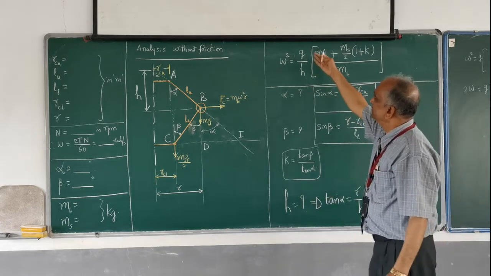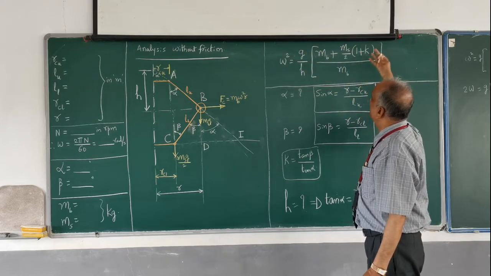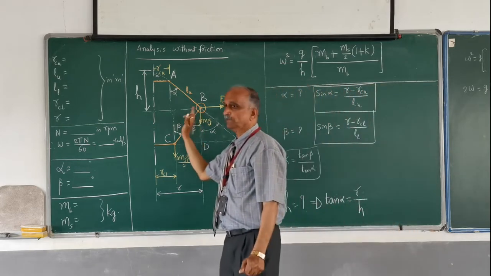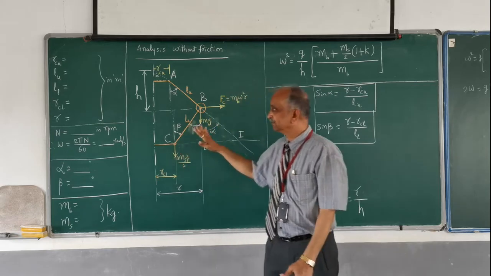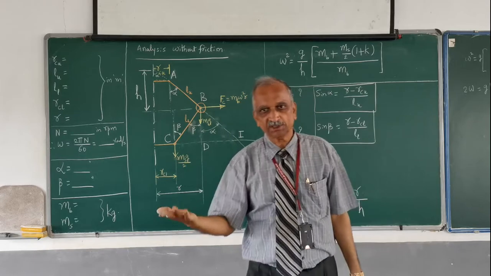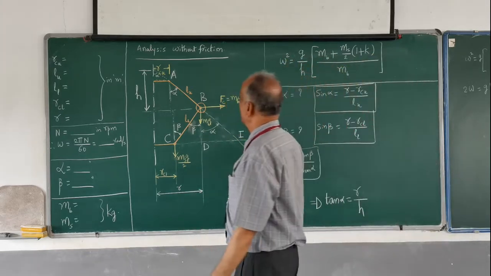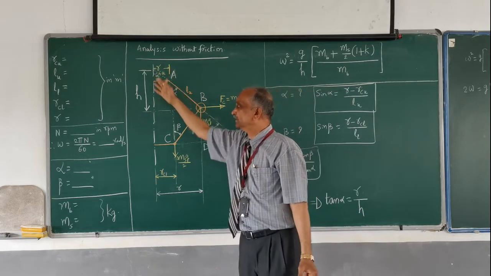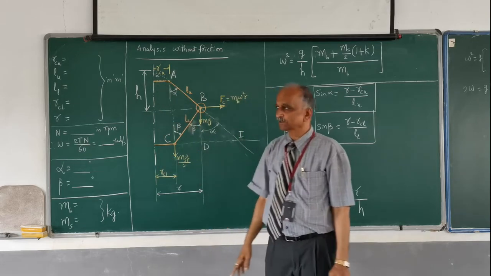And therefore we can substitute all the values G, H, M, E, M, S and M, P and K, and that is how you can find out what is called the equilibrium speed of the governor. So what do I mean by equilibrium speed? Because I presume that the load on the engine is constant, and therefore the engine is running at a constant speed, and the engine shaft is connected to the spindle of the governor, and therefore the governor spindle also is running at a constant speed.